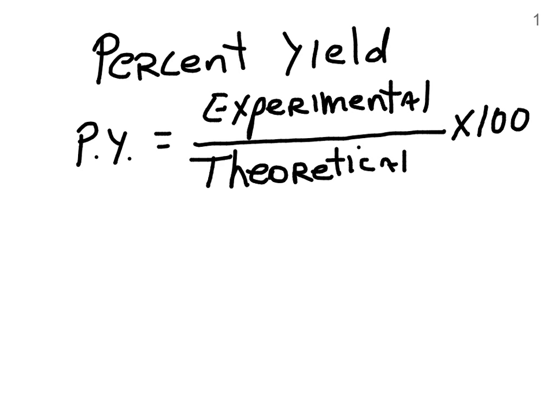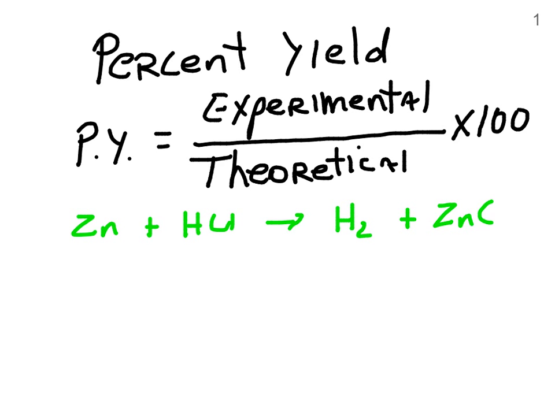So for example, let's say during an experiment, the reaction that you were going to do, you were going to say, all right, I have some zinc and I'm going to add it to some hydrochloric acid, and the products out of that, it's a single replacement reaction. I'm going to get hydrogen gas and some zinc chloride.